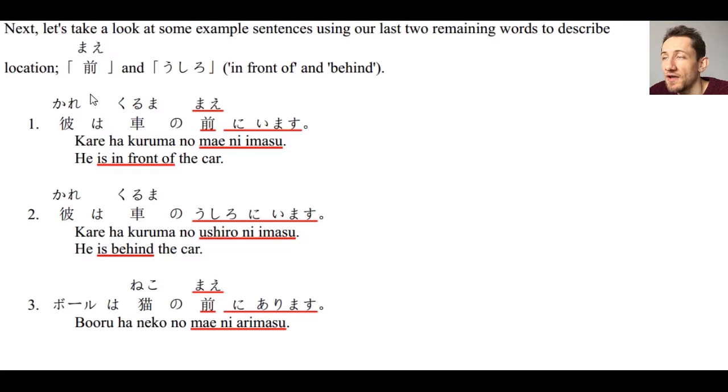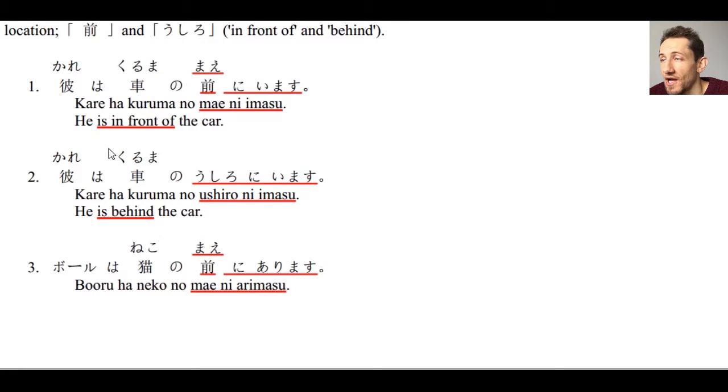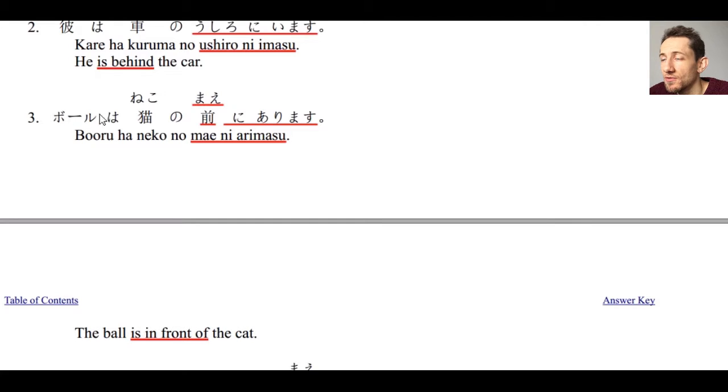So number 1, 彼は車の前にいます。So he is in front of the car. Number 2, 彼は車の後ろにいます。So he is behind the car. Number 3, ボールは猫の前にあります。So the ball is in front of the cat.